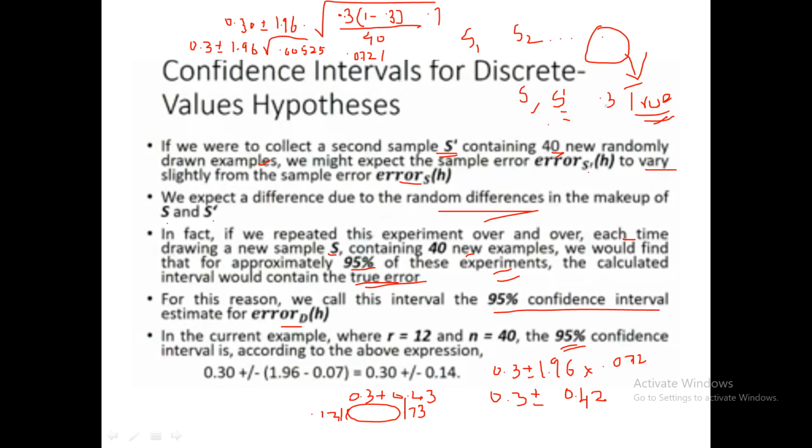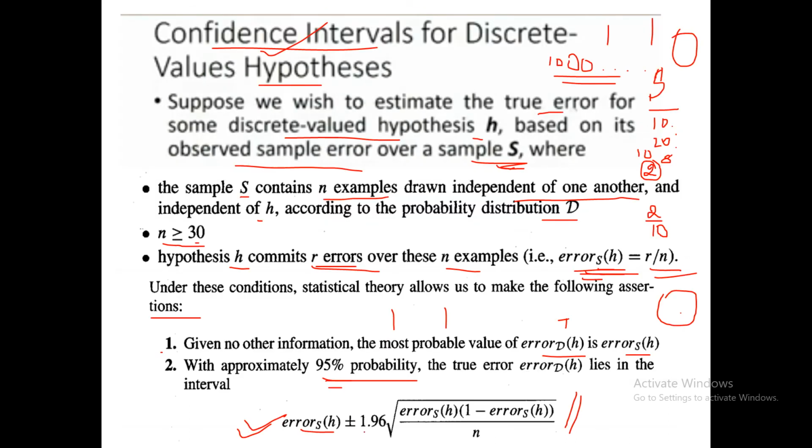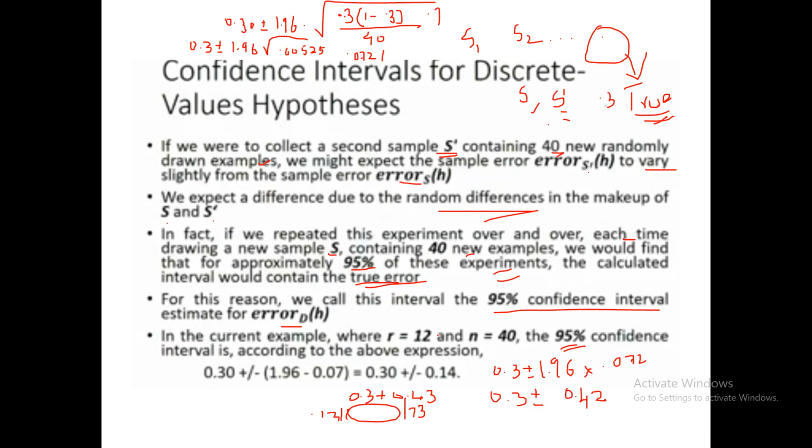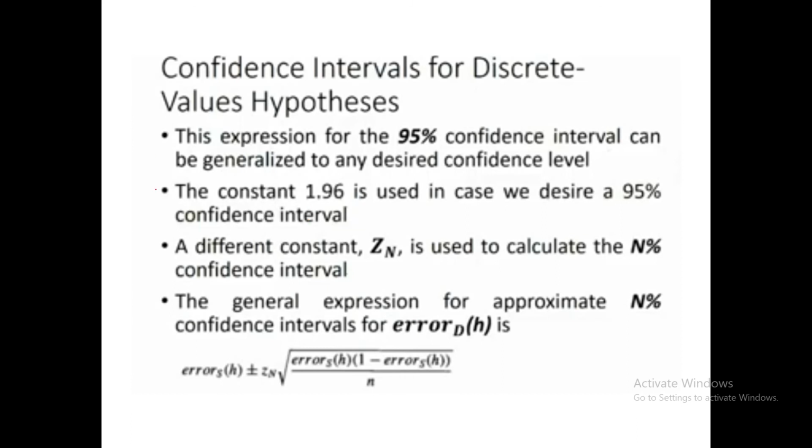Now we will see why we say 95% and why in this particular equation you got 1.96. In this expression for the 95% confidence interval, it can be generalized to any confidence level. You can say with respect to 80% confidence what your true error is, or 60% confidence.